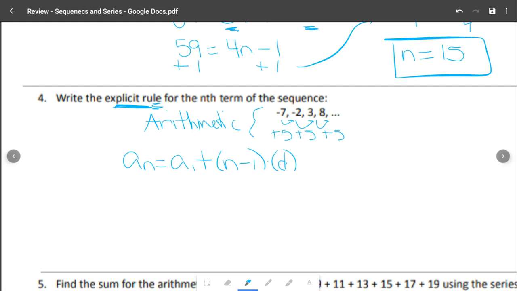Now, if you are writing the rule for the nth term, it means you are leaving the n's in the formula. So An equals A1 is negative 7 plus, again, we're leaving the n's there, so just n minus 1 times d. D is that 5 that you're adding over and over again. And then you can leave it like that. It does not say you have to simplify the formula, so I would leave it at that.